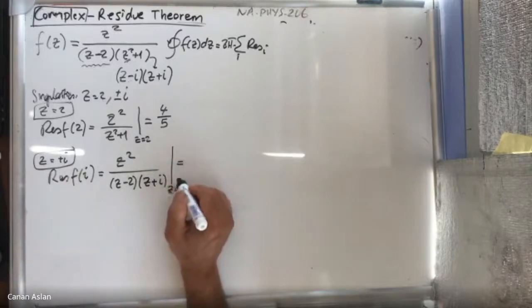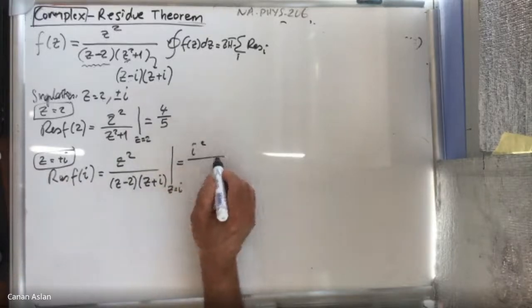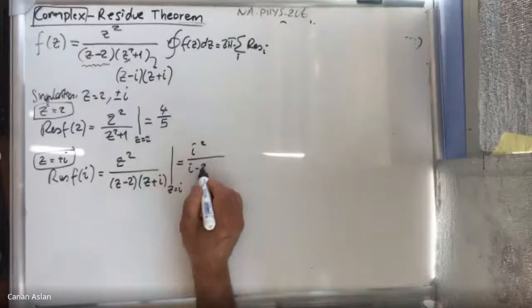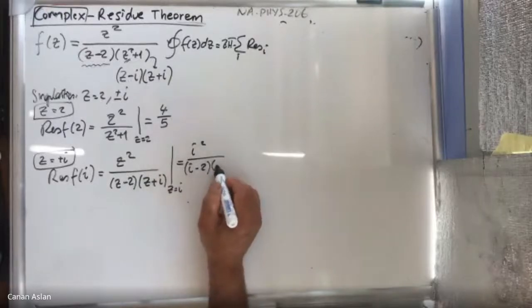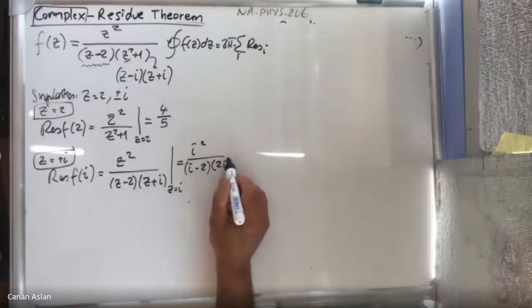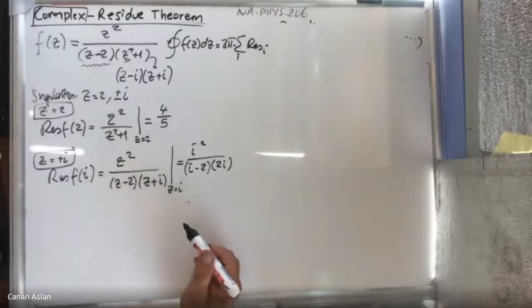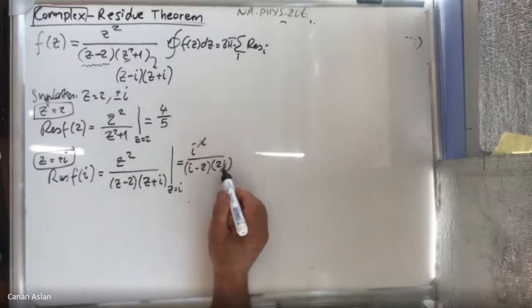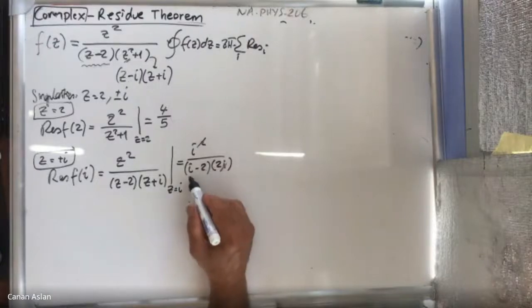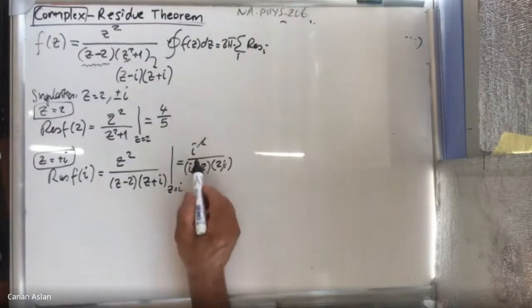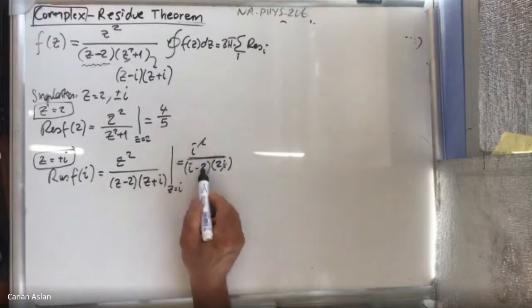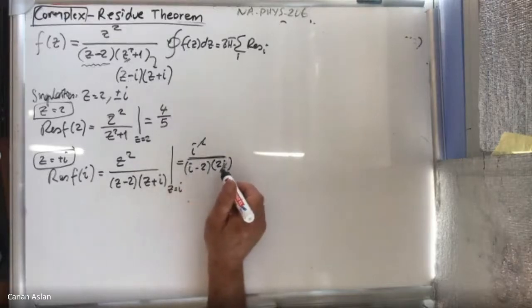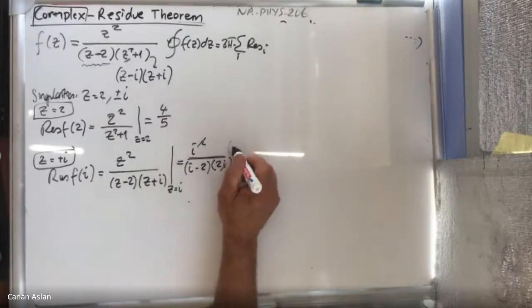So in this case, i squared divided by i minus 2, times 2i. Like i here, and there is one more i, 2i. So this cancels one of the i's over there, and there is i minus 2, but we don't like a complex number in the denominator, so we multiply the top and the bottom by i plus 2.